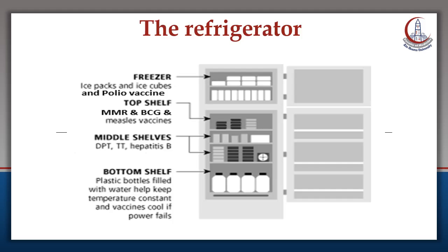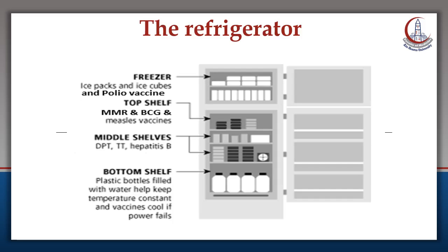And what is this? This is called the thermometer that checks the temperature. The bottom or the lower shelf should only contain bottles of water to keep the temperature at optimum degree.